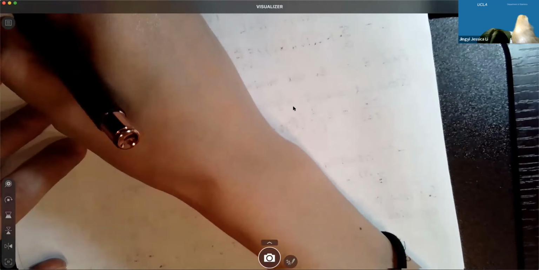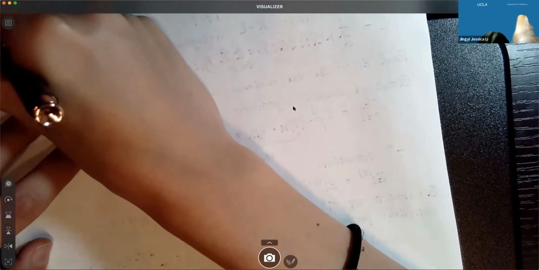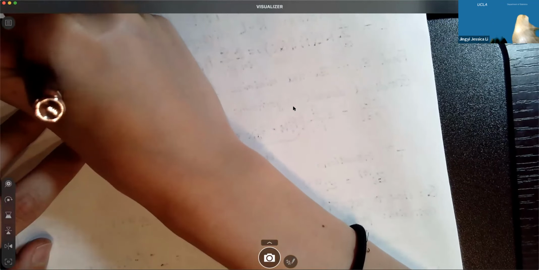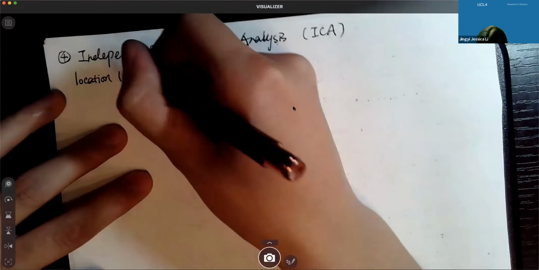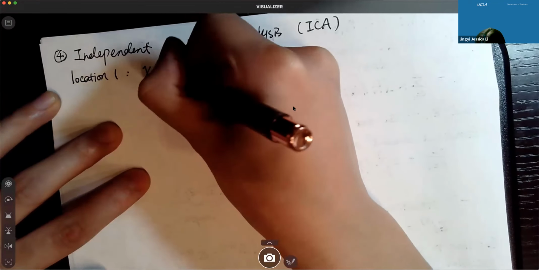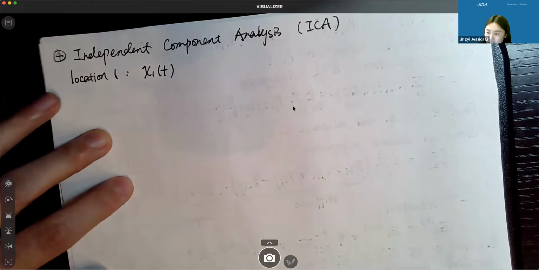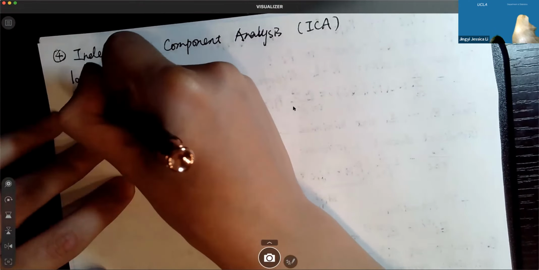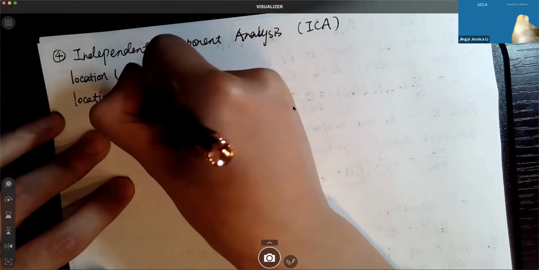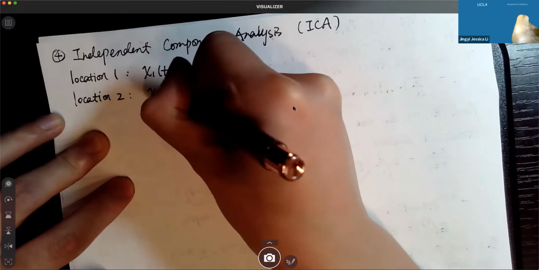So this is our measurement at location 1. We denote that as x1(t), where t is the time. And at location 2, we measure x2(t).